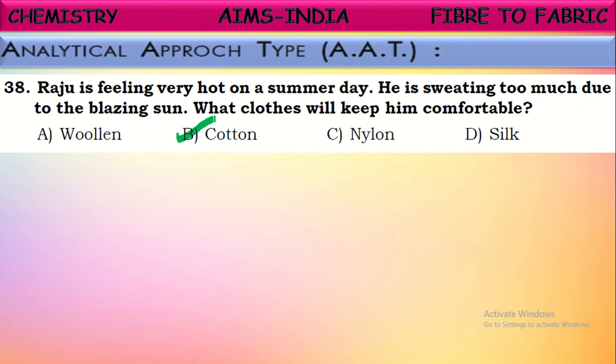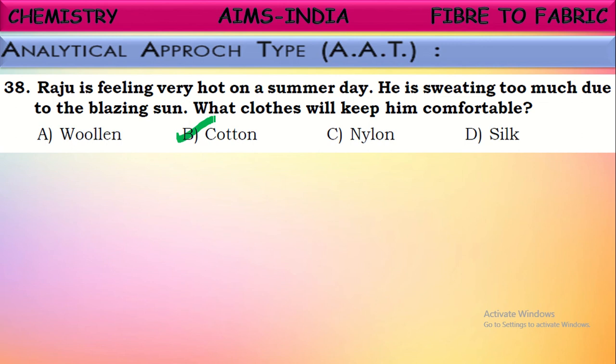If you see in the winter season, what kind of cloths we use? We prefer to use woolen clothes because they'll be thick enough and they produce warmth to our body. They keep our body warm. They protect us from the winter coolness. That's why in the winter we use woolen clothes, but in the summer it will be very hot.